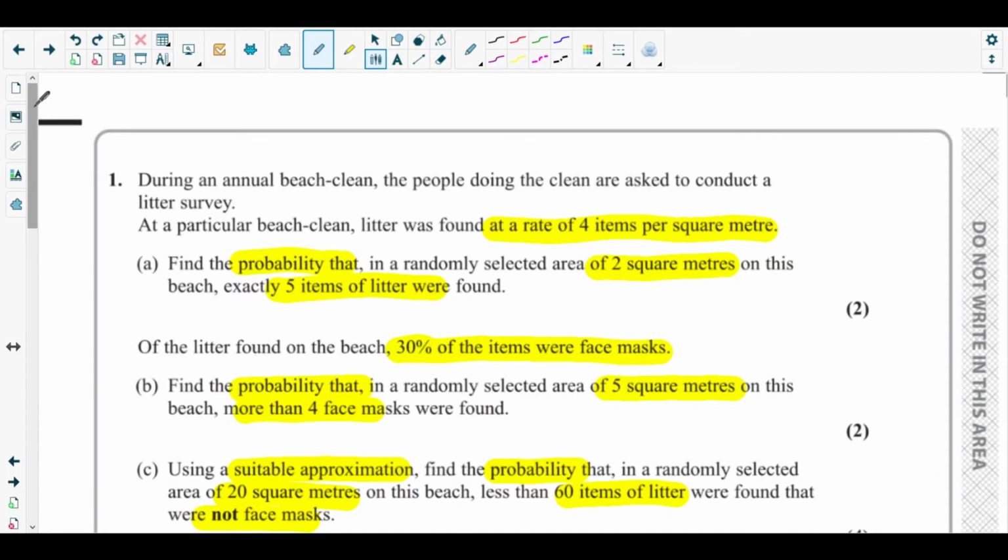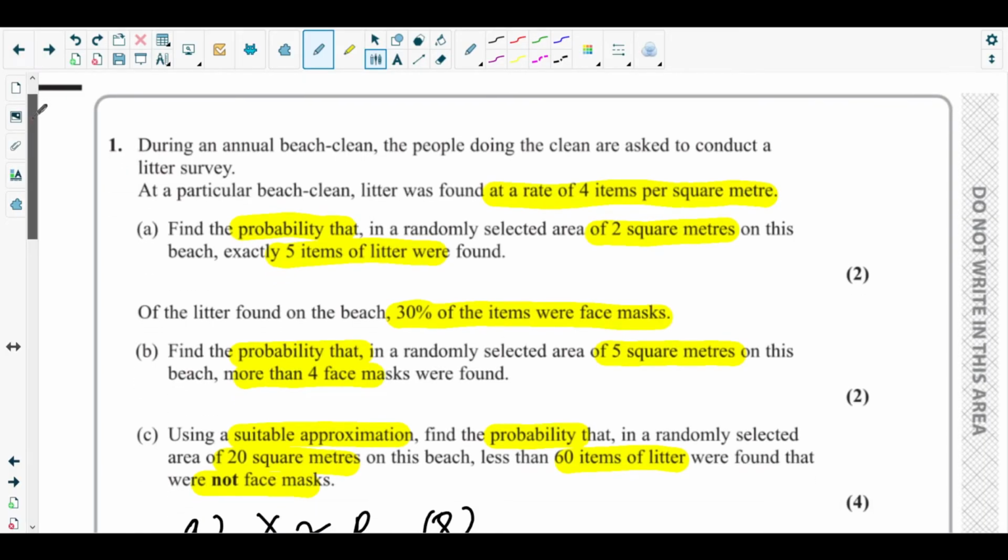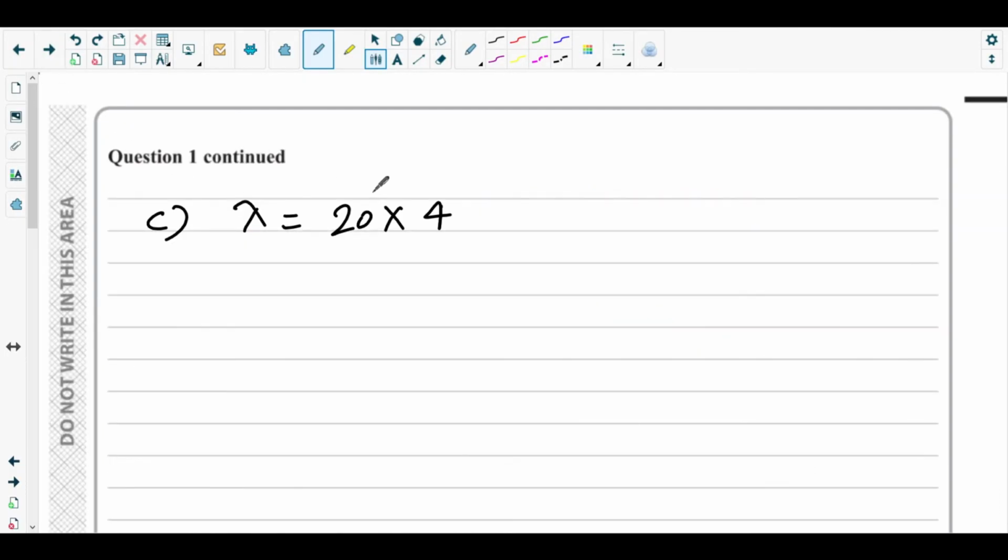The mean rate was 4 items per square meter, so in 20 square meters the total number is 20 times 4, which is 80. Out of this 80, 70% are not face masks, so 70 over 100, that is 7 over 10. So lambda would be 80 times 7 over 10.